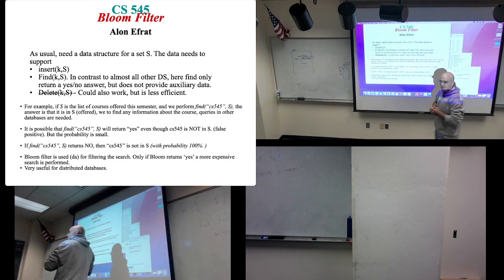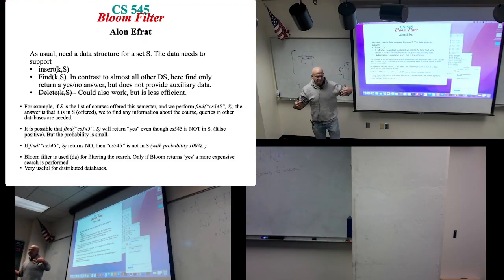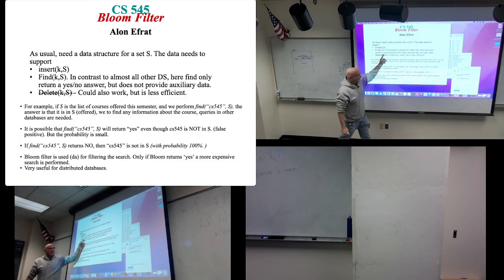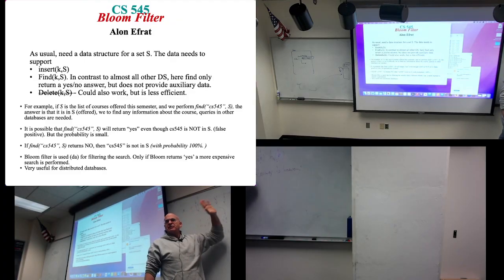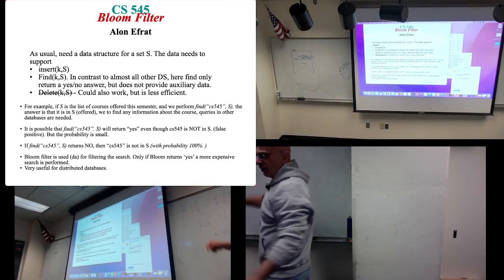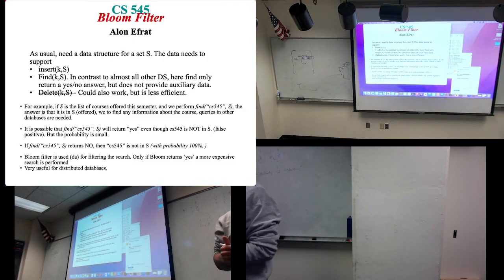And if yes, then I'll say it seems that stairway to heaven is in my database, but there is a probability that I'm wrong, that stairway to heaven is not in my database. But if one of these bits is 0, then stairway to heaven for sure is not in my database, because if it was in my database, then all these bits must be 1. So I'm absolutely sure that it's not there.